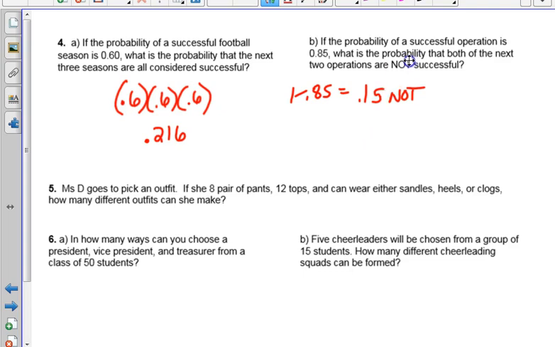So if the next 2, it would be 0.15 times 0.15, which is 0.0225. Oh, okay. Thank you. I wrote 0.25. Gotcha. Sorry, guys.